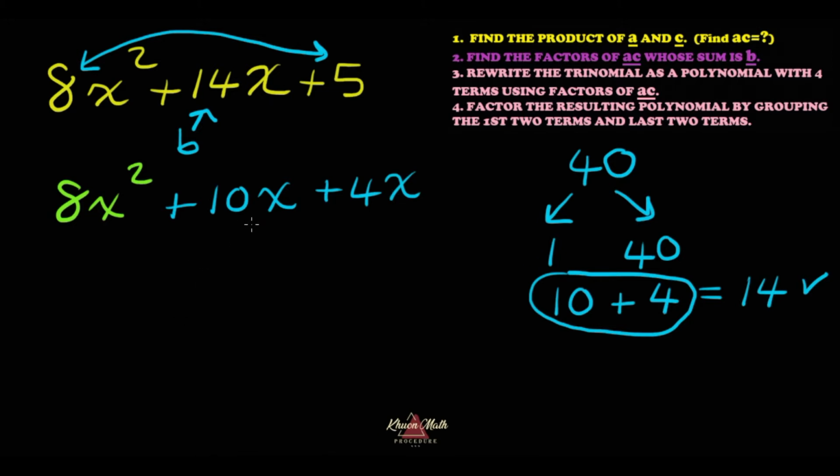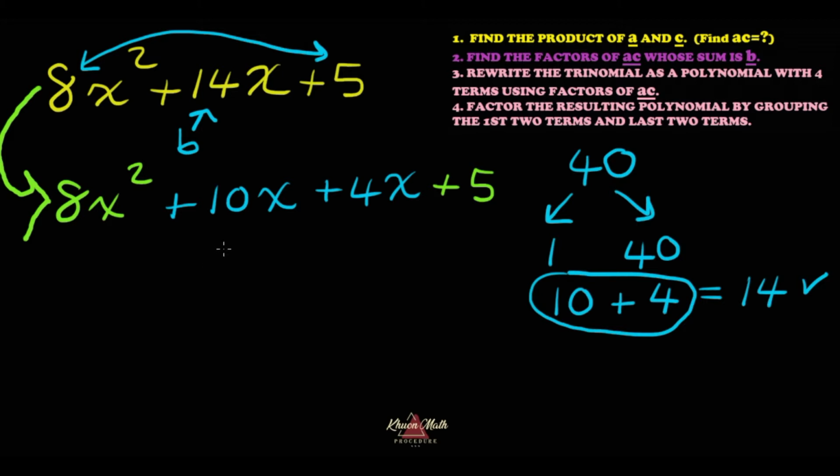You can go 4x plus 10x. It's the same thing. You get the same 2 factors at the end. Okay, and then we're going to bring down the positive 5. So as you can see, you're going from 3 terms, and then it goes down to a 4 terms polynomial.